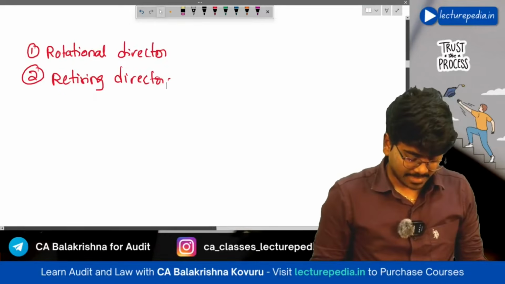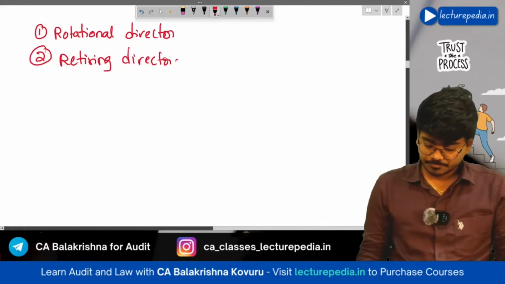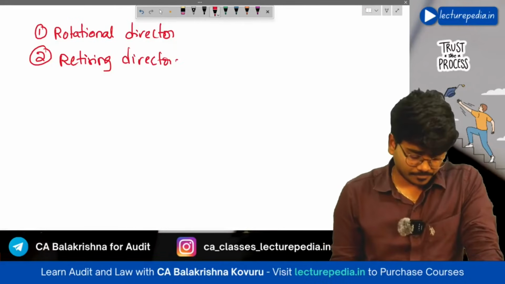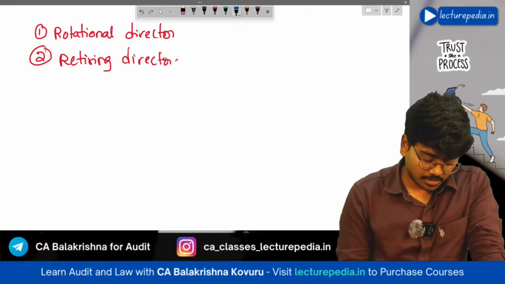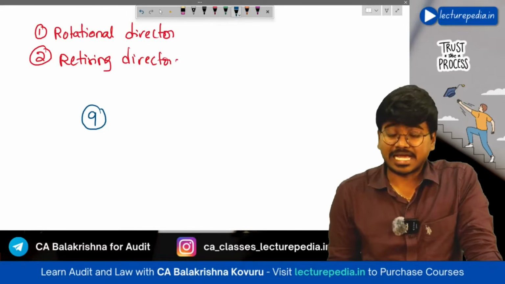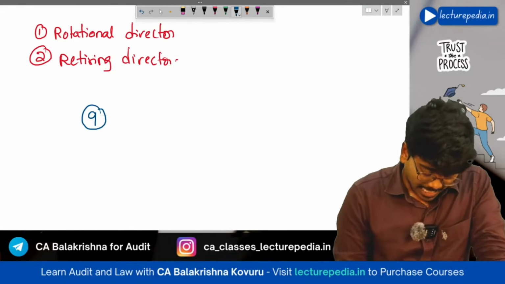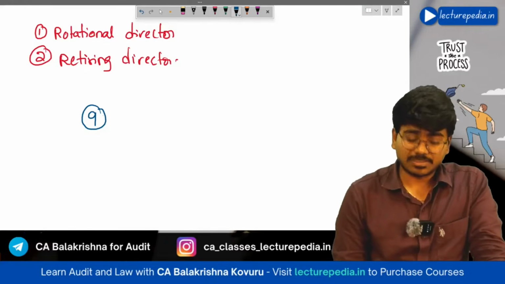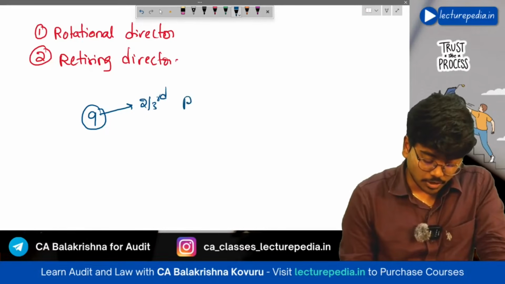Basically, the Act says that, let's say a company has in total 9 directors. Of these 9 directors, as per Companies Act Section 152 Subsection 6, at least 2/3 must be rotational directors.